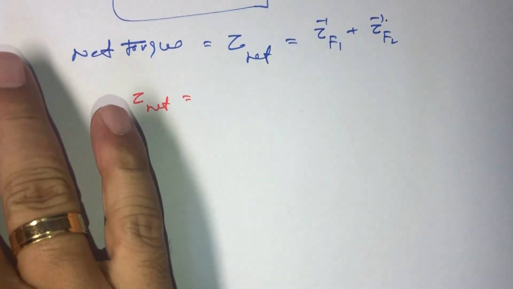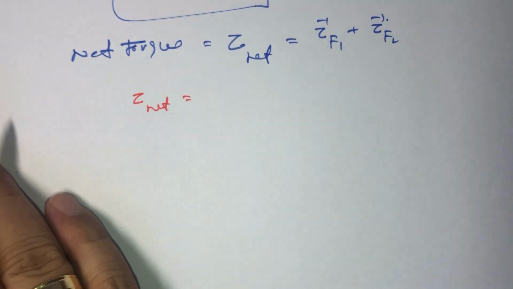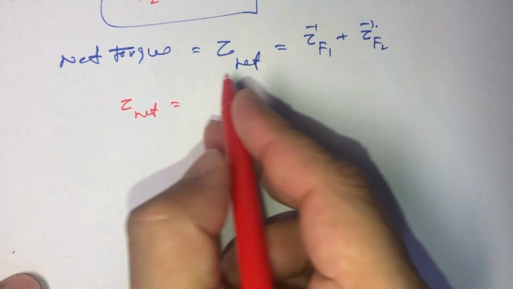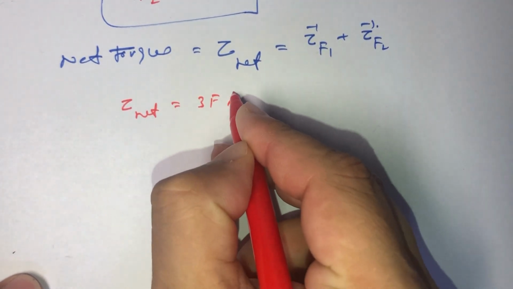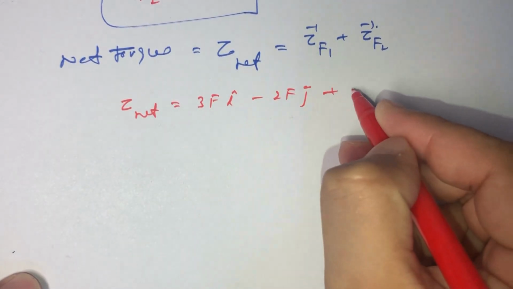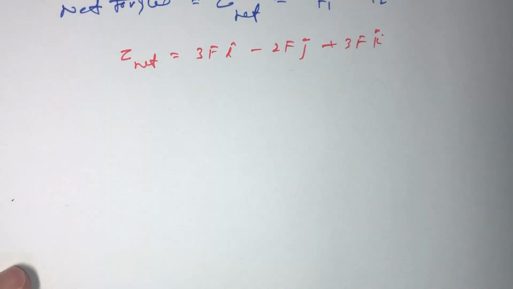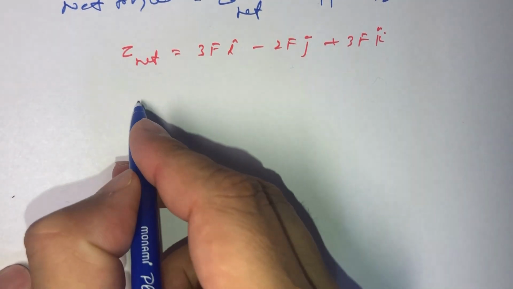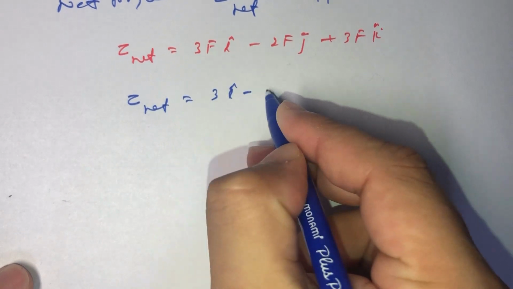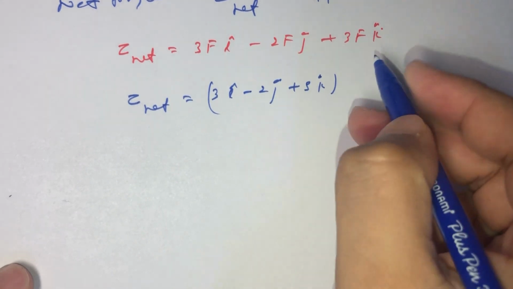Tau F1 we found out is equal to 3Fi minus 2Fj plus 3Fk. Taking F as common, you can say tau net is equal to 3i minus 2j plus 3k times F.